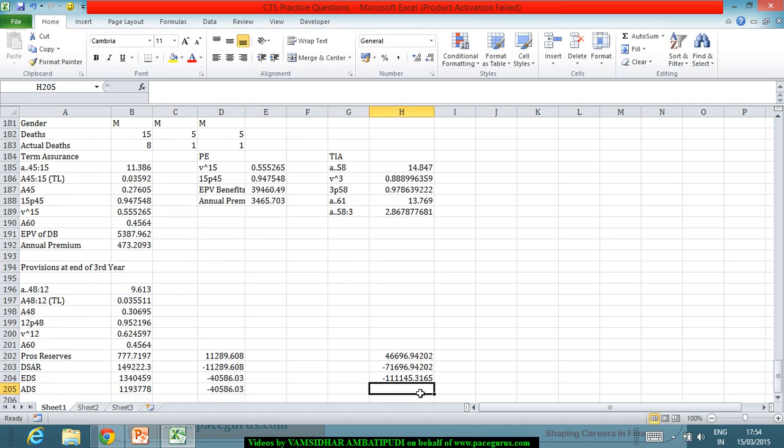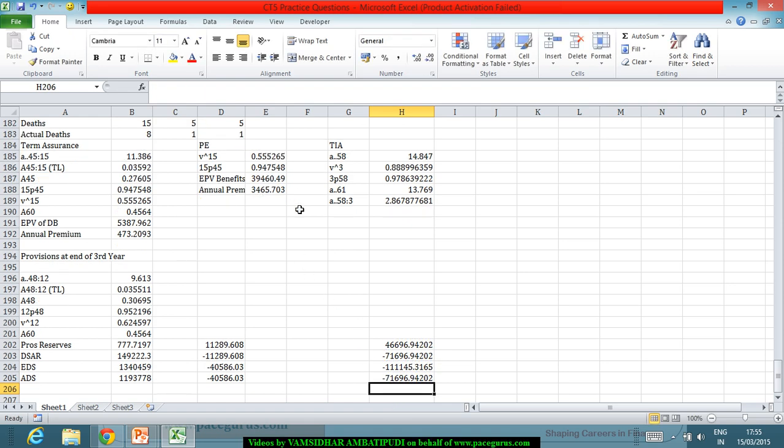So this is the actual death strain. Here also the death strain for each policy is going to be this number, and I multiply it with the number of deaths. Here also the death strain per policy is this number, multiplied with the number of deaths.